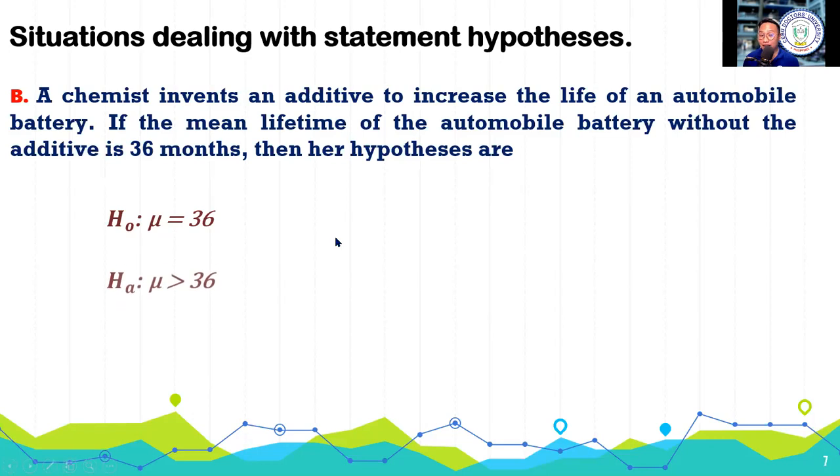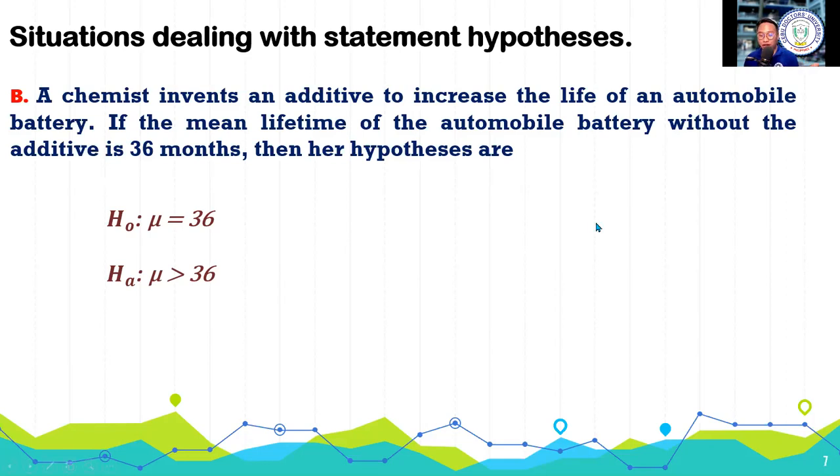Why do you say it's greater than 36? How did you know it's greater than 36? Very good. The statement from the problem, first sentence, says to increase the life of an automobile battery. If we wish to write them in sentence form, this is the reason I said earlier that your sentence form should fit the situation.